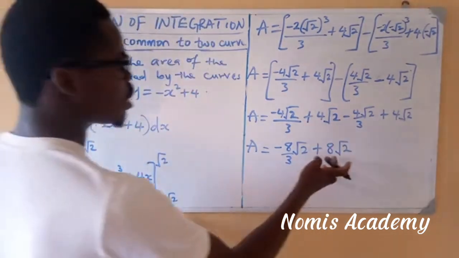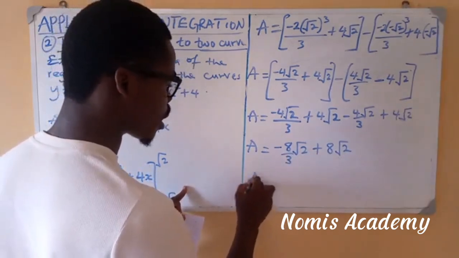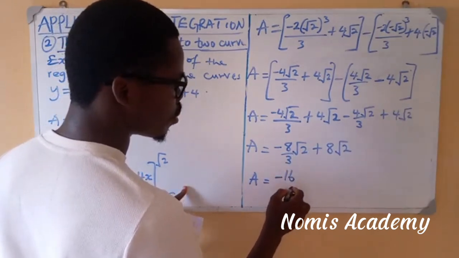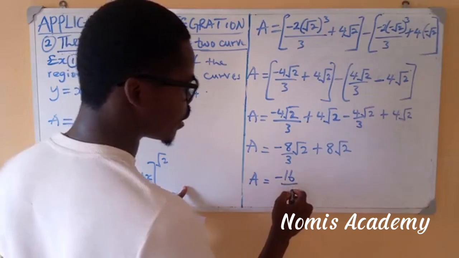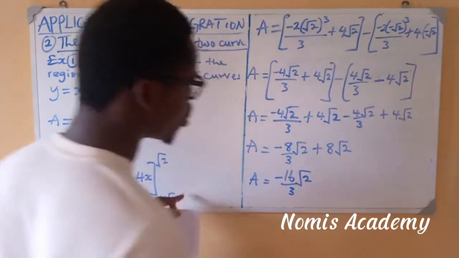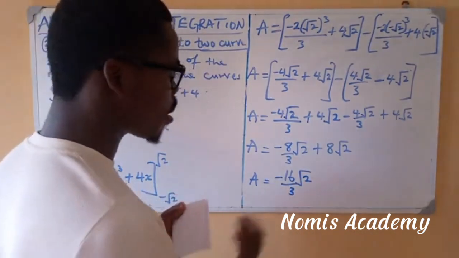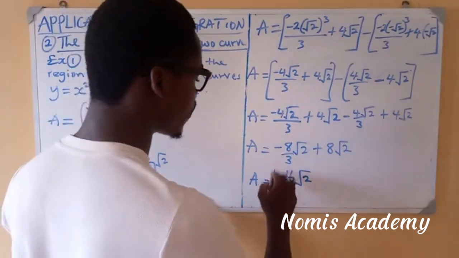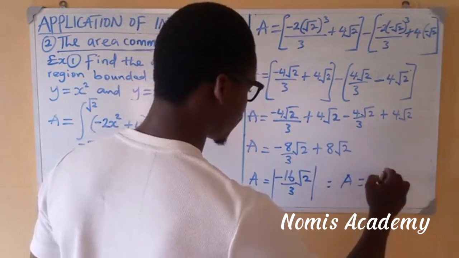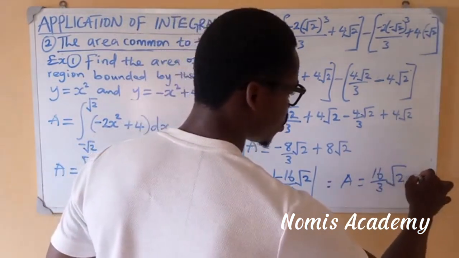So when we add them up together, we are going to get A is equal to minus 16 all over 3 root 2. Okay, so area cannot be a negative value, it must be a positive value. So we take the absolute value, which will give us the area to be 16 over 3 root 2 square units.